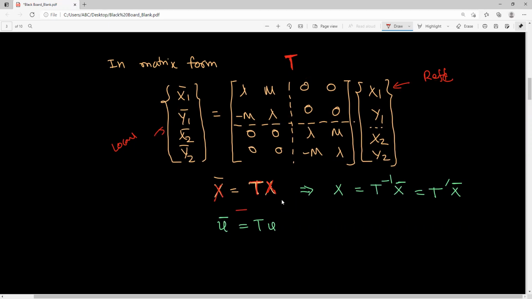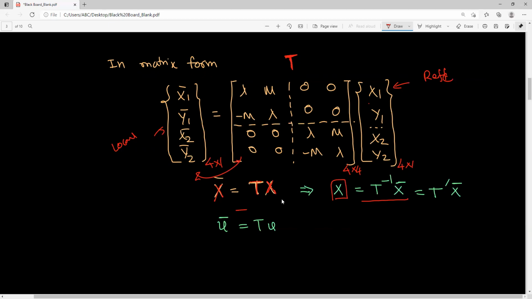Those are 4 members here, and the size of this matrix is 4 by 4, and the size of these vectors is 4 by 1. From this we may get x on the left-hand side, then T inverse x bar. So T inverse, if you invert this matrix, gives the reference coordinate system forces on the left side.